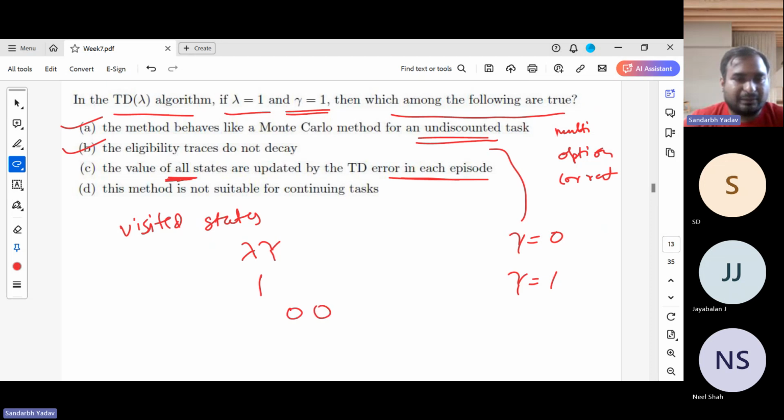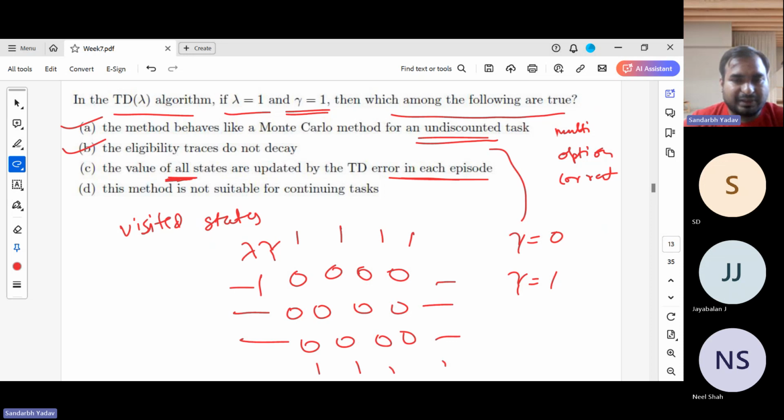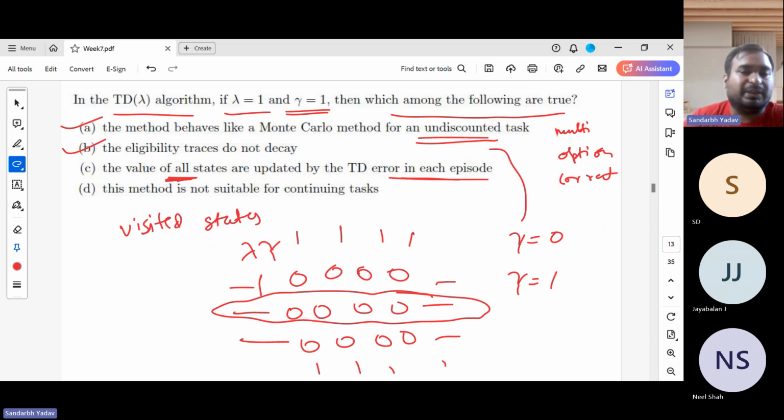Suppose it's a very large MDP that goes infinitely in all four directions, and the trajectory sampled is your episode. The other states were never visited, so why should the update go to them? They won't be updated. So this makes the statement false.